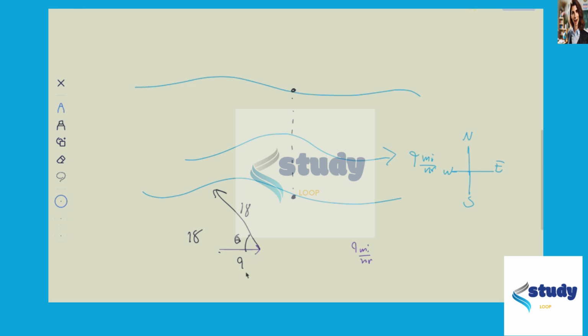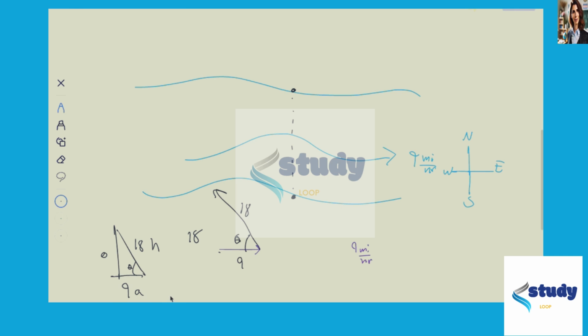So what we're basically doing is a triangle problem. We've got 9 down here, we've got 18 here, and we don't know the angle here. We have the hypotenuse and the adjacent side. We don't know the opposite side of our angle.